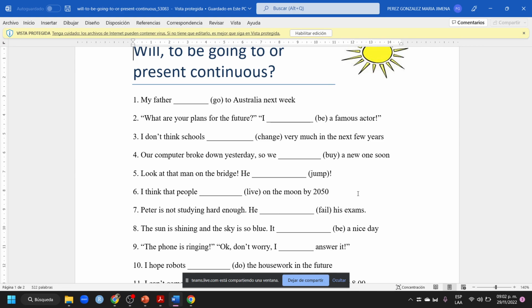He will fail his exam. But Peter is not studying, so he is going to fail his exams. The sun is shining in the sky, so it's blue. The sun is shining. Ready, teacher.